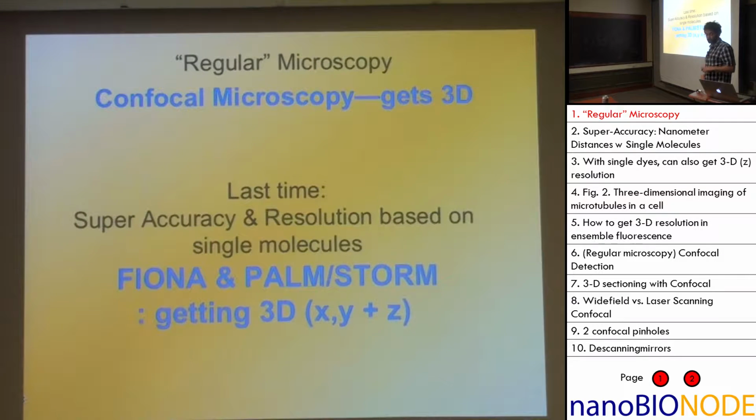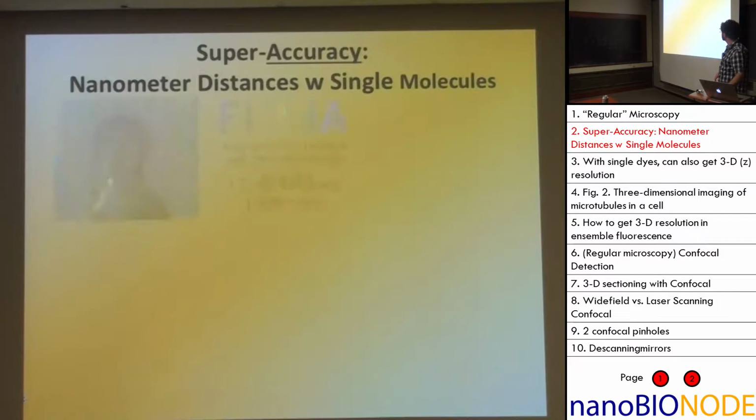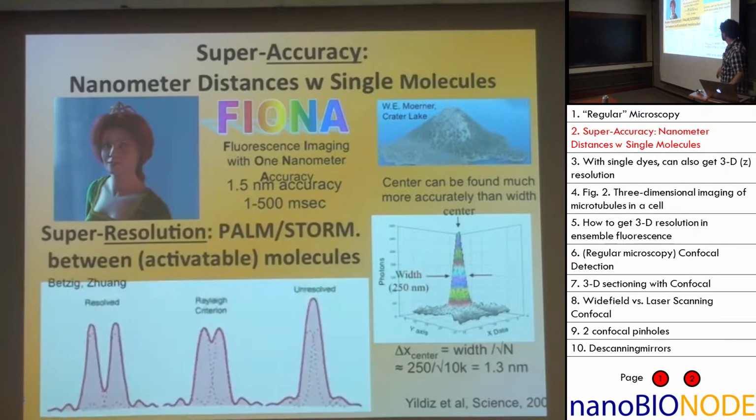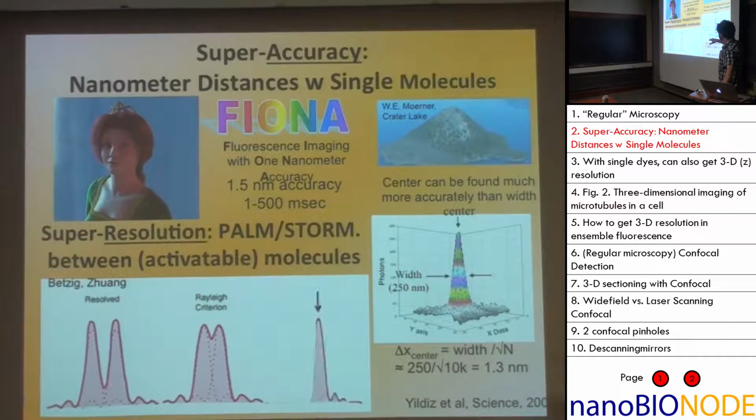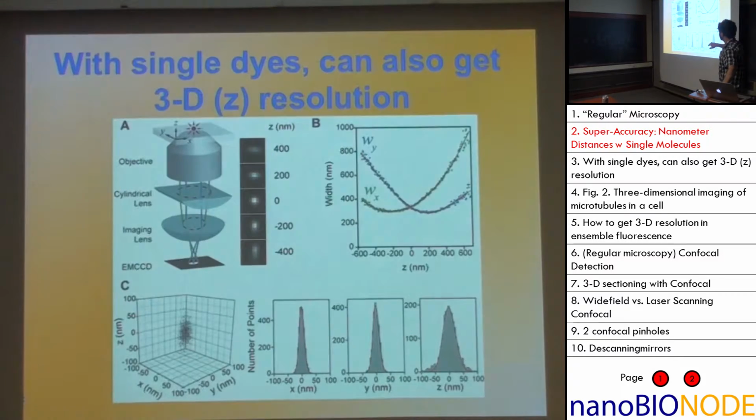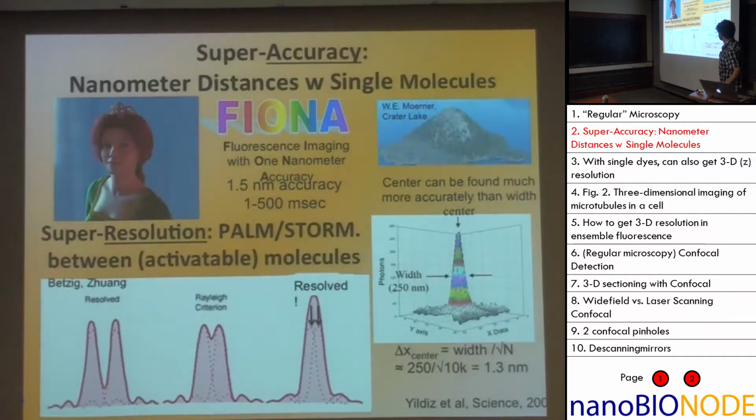When we have the ability to look at single molecules, you can get X and Y very well. You can get both the accuracy and the resolution. And the difference, again, with Fiona is basically that the fluorophore will put out enough photons.